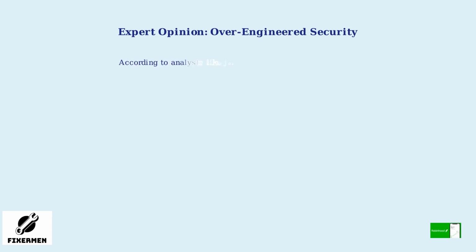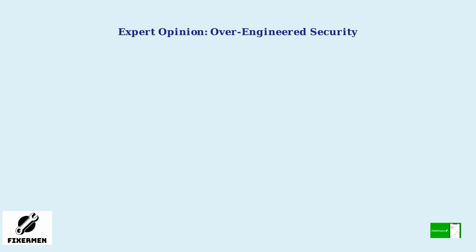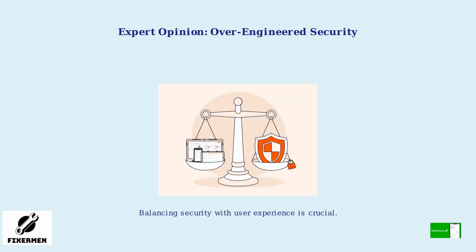According to analysts like Jane Doe from Forrester Research, Error 1003 can be a symptom of over-engineered security. This occurs when security measures become so complex that they create unnecessary barriers for legitimate users, leading to false positives and verification failures. Balancing security with user experience is crucial.